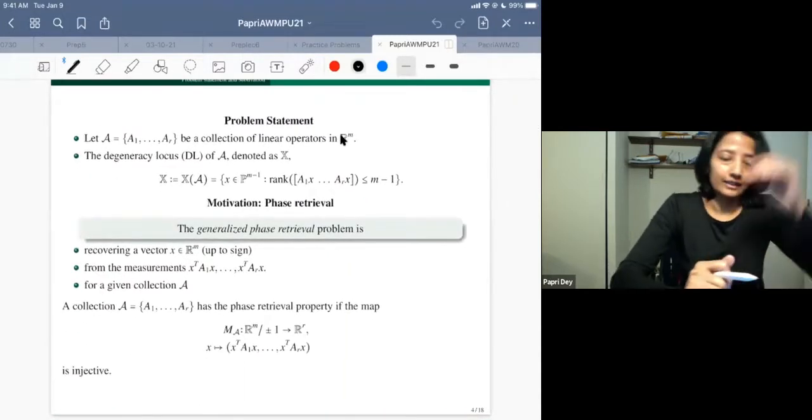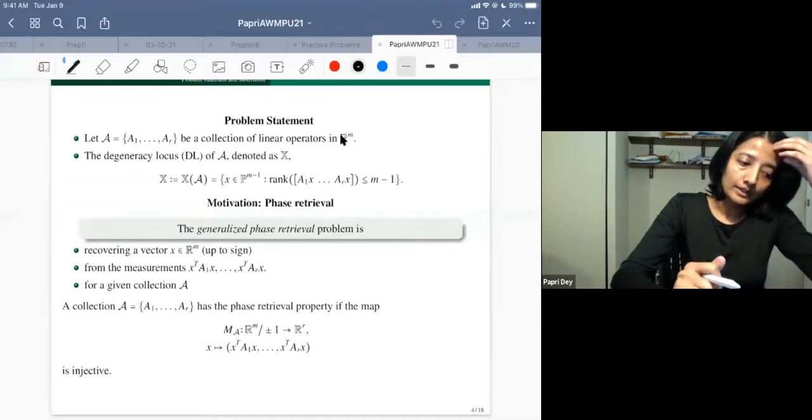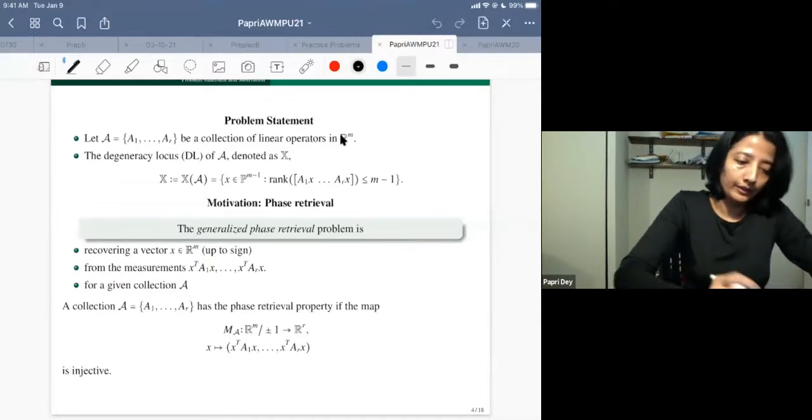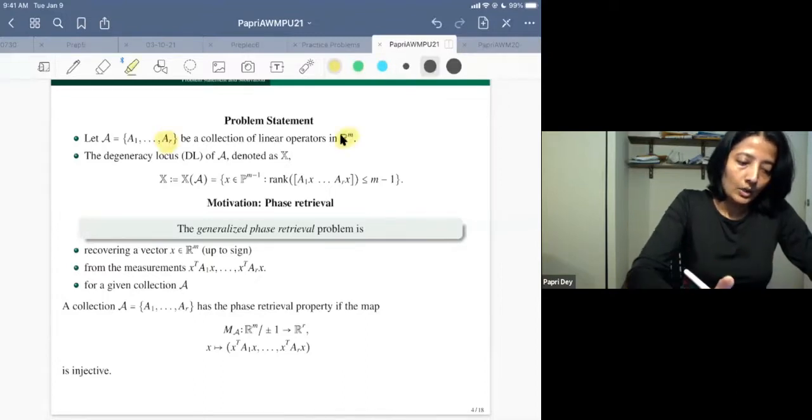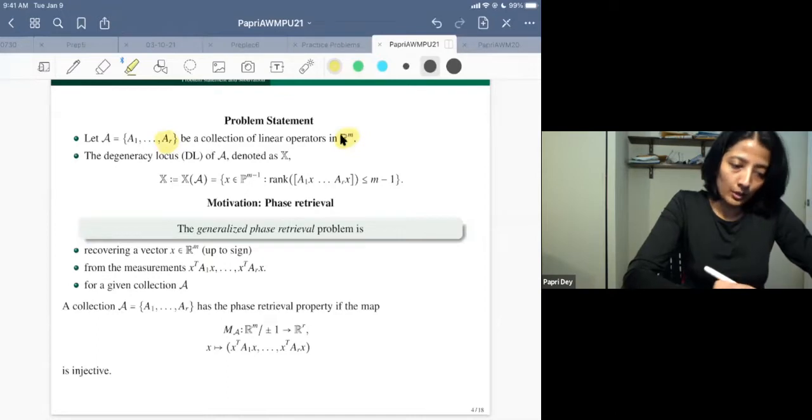So here is our problem. Consider a collection of R linear operators in Rm. We define the degeneracy locus of this collection, scripted A, denoted as X. X is the set of points such that the rank of this matrix is less than or equal to m-1.